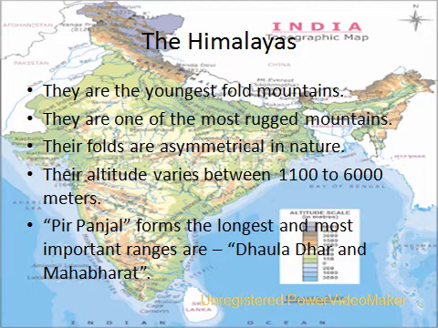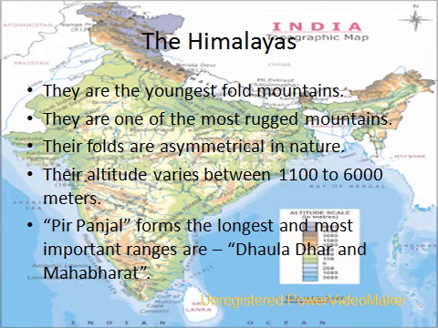The first range is known as Great Himalayas or Himadri, consisting of the highest peaks with an average height of 6,000 meters. The range lying to the south of Himadri is known as Himachal or Lesser Himalayas. Altitude varies between 3,700 and 4,500 meters and the width of this range is 50 km.